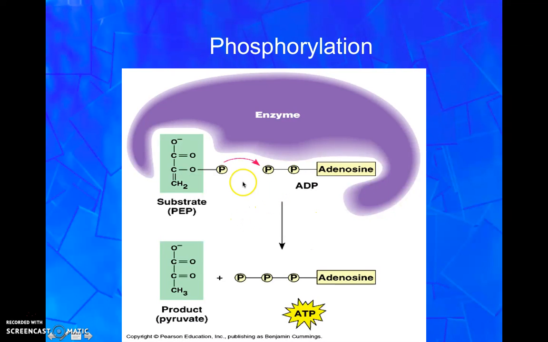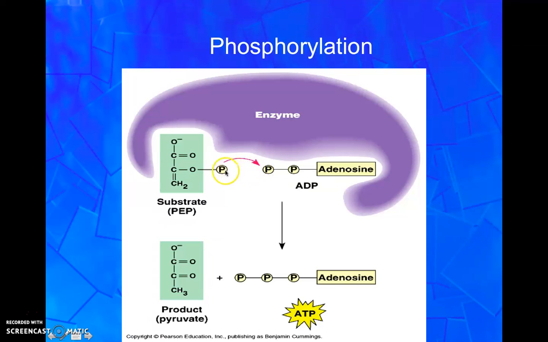Okay, so phosphorylation, we've got a chemical here. It has 3 carbons. It also has a phosphate. This enzyme is holding it and a partially charged energy molecule called ADP.